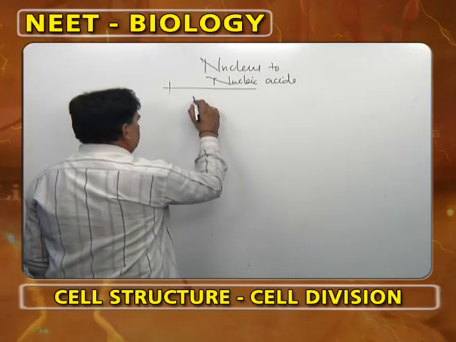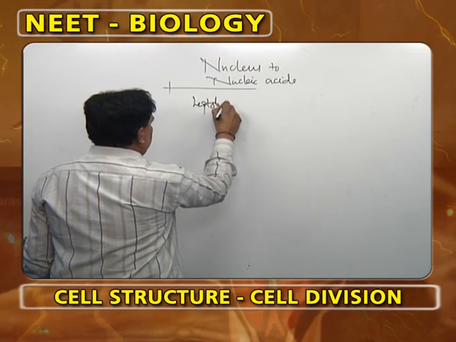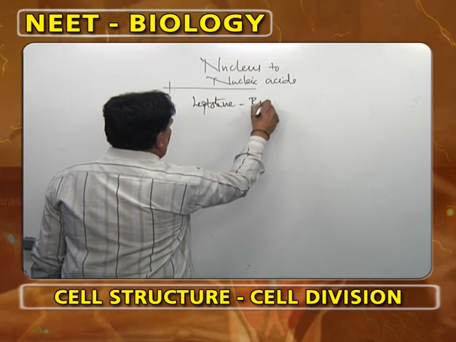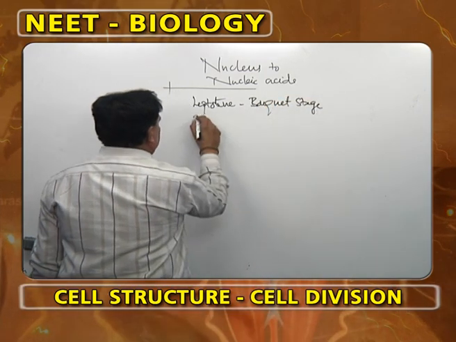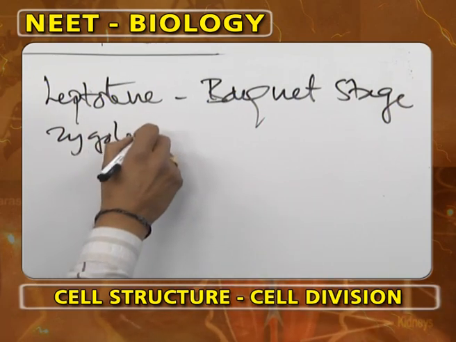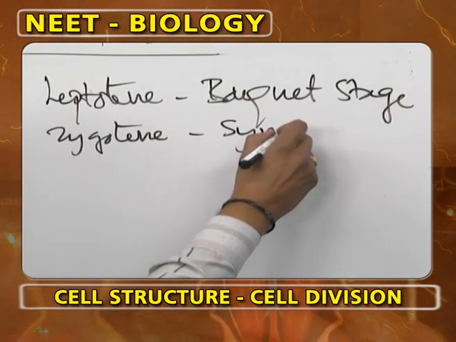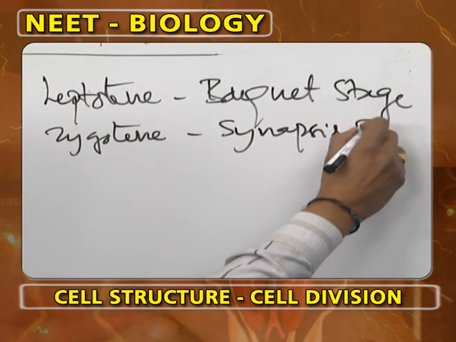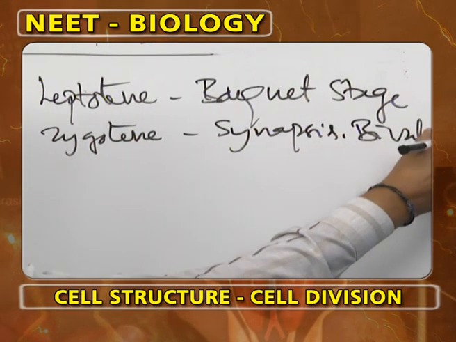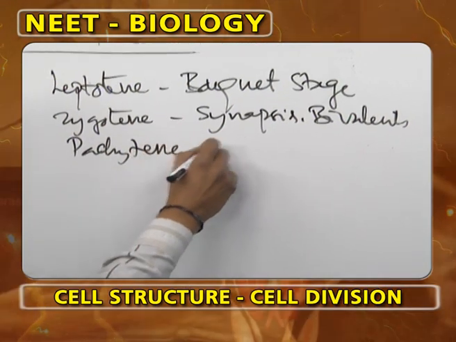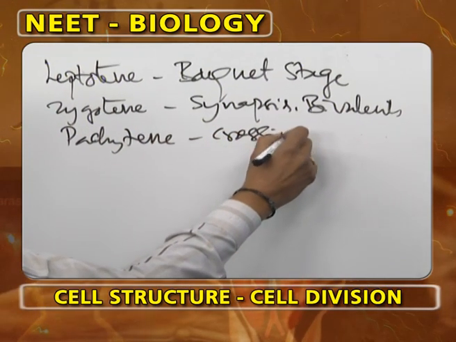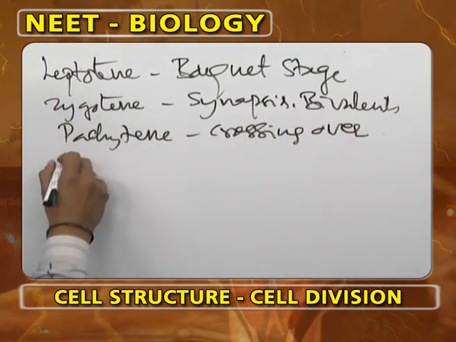I will write all the stages. Leptotene is known for accumulation of homologous chromosomes at one point, which is called the bouquet stage. Zygotene is known for synapsis and formation of bivalents. Pachytene is known for crossing over, formation of chiasma and many other things.